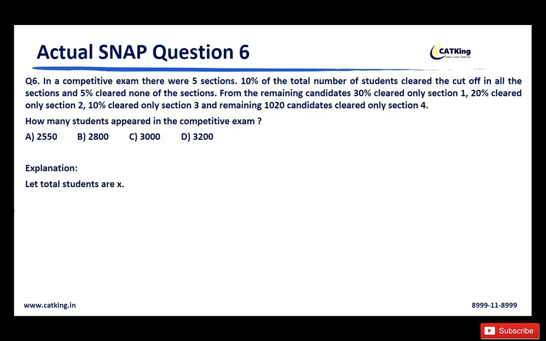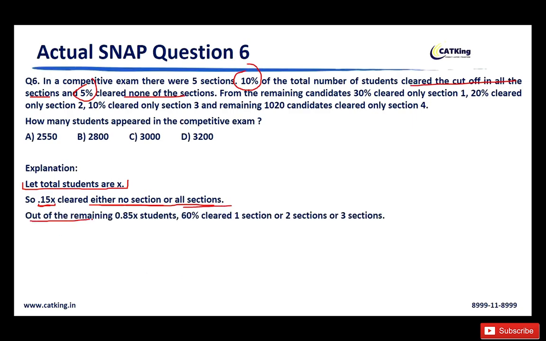So for this question, let me assume that the total number of students is X. Now 0.15x cleared either no section or all sections, because 10% of the students cleared the cutoff in all the sections and 5% cleared none of the sections. So 10 plus 5 will be 15%. So 0.15x cleared either no section or all sections.